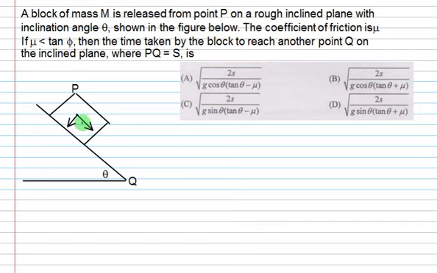The parallel component is W sin theta. So this one is the horizontal component. The component parallel to the plane is W sin theta. The vertical component is W cos theta. So the reaction is perpendicular to the plane, and the reaction is the same as W cos theta.